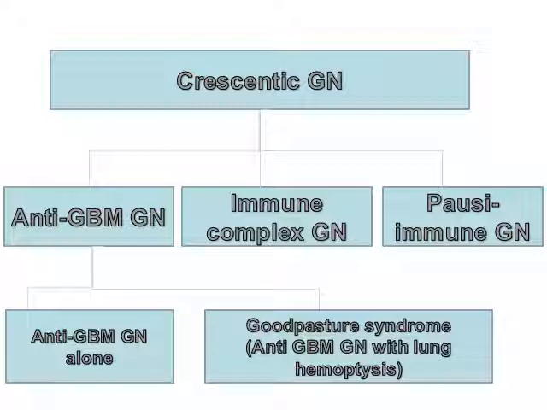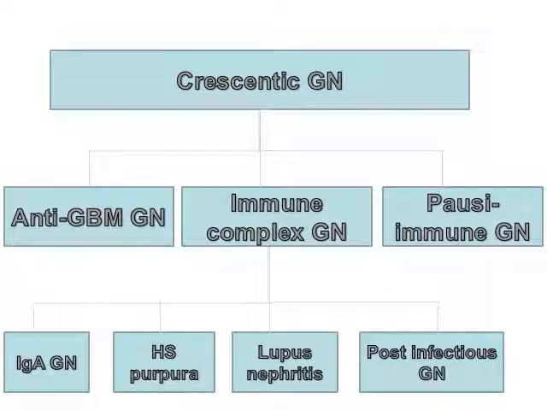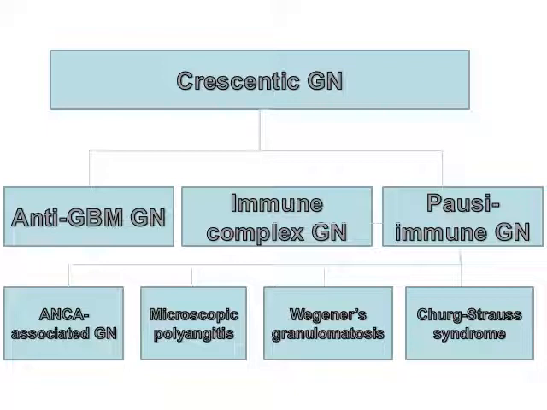So it is either anti-GBM GN only, or GN plus lung hemoptysis as in Goodpasture syndrome. The second is the immune complex, and under this title we have plenty of diseases. We have post-infectious GN, lupus, IgA nephropathy, Henoch-Schönlein purpura, and others.